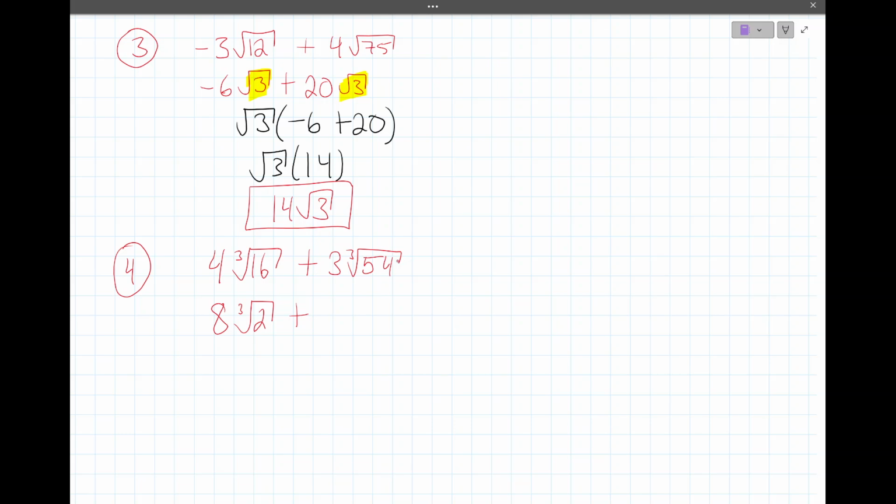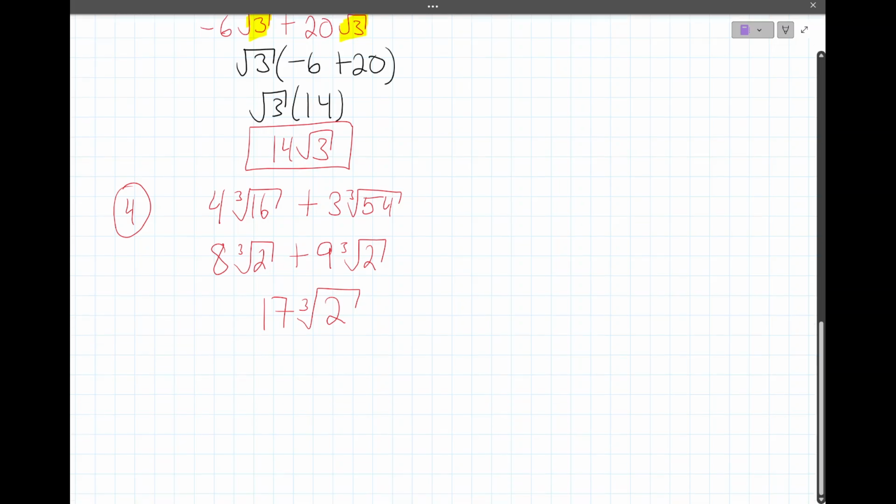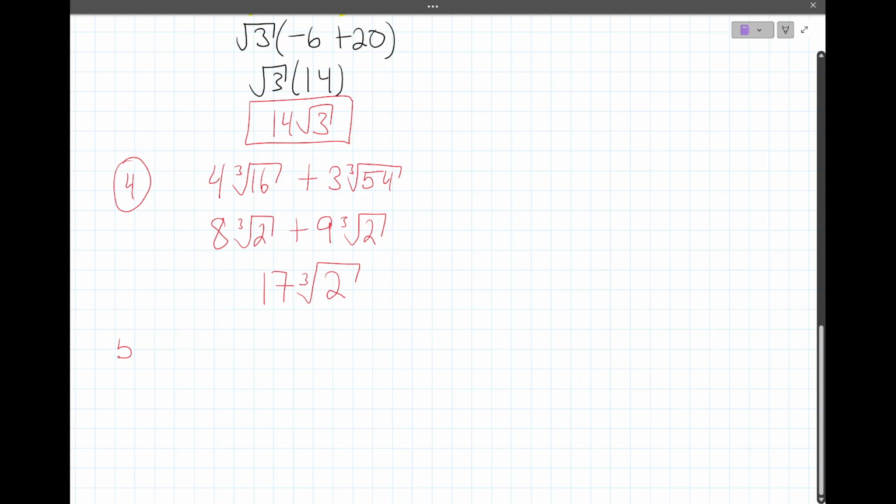So 27 is my perfect cube, comes out as 3, so this is going to be plus 9 cube root 2. And math fans, same radical on each. Look at that perfect union of 8 and 9, adding together to 17 cube root 2 on the end. Wonderful. Love to see it.